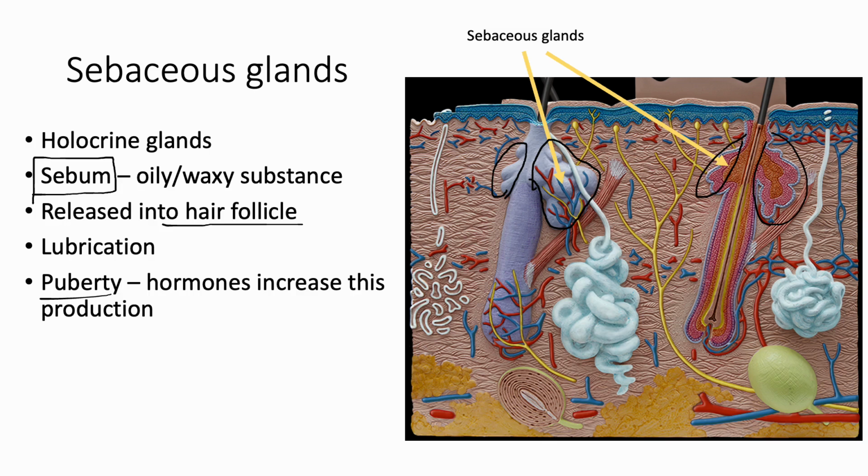They actually go into production at puberty. Same thing with the apocrine glands, right? We see those beginning to happen around puberty. The point of this is going to be lubrication, right? This oily, waxy substance. When these get infected or get clogged is when we start to see acne on the skin.